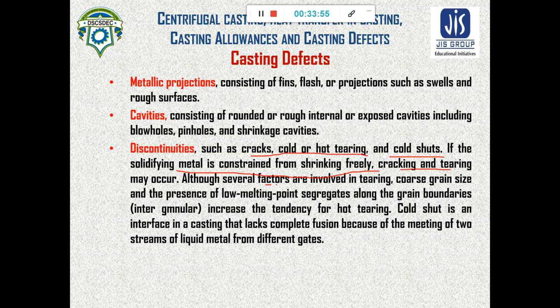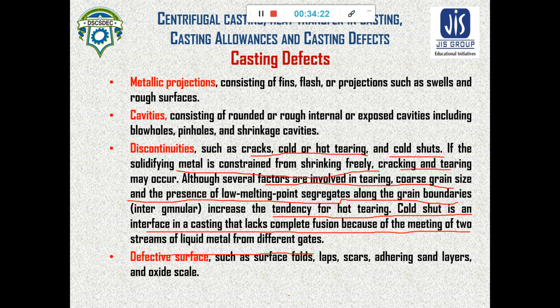Although there are several factors involved in tearing, coarse grain size and the presence of low melting point segregates along the grain boundaries can increase the tendency of hot tearing. Cold shut is an interface in a casting that lacks complete fusion because of the meeting of two streams of liquid metal from different gates.